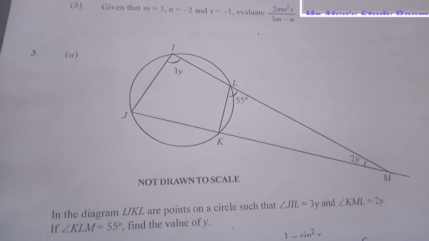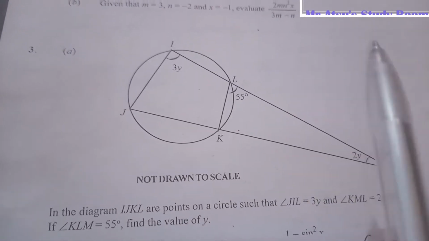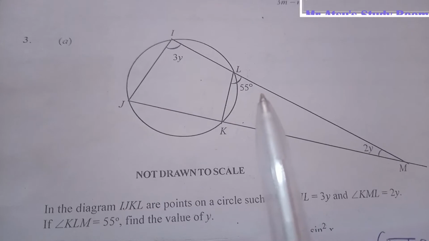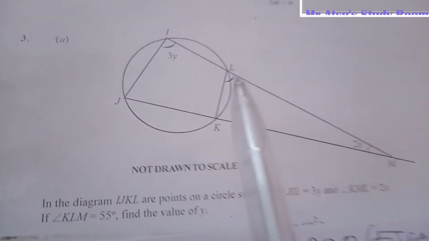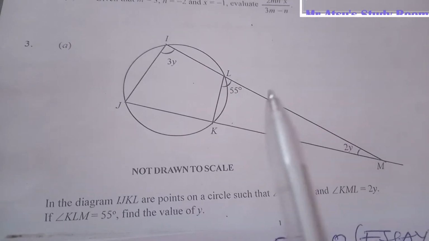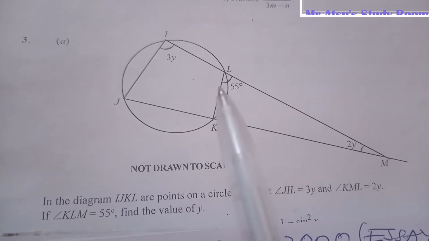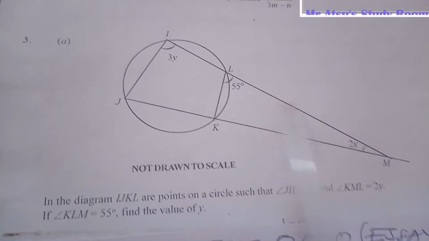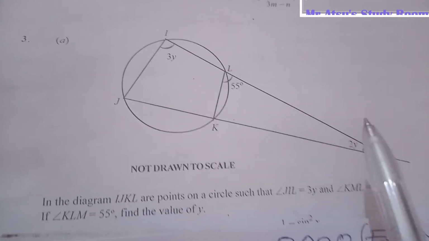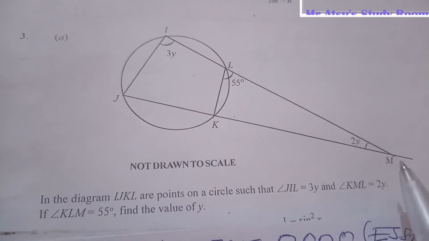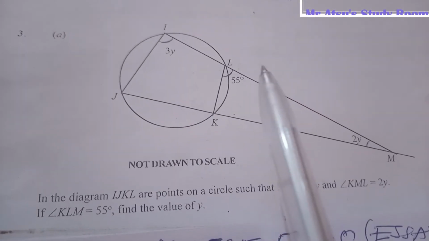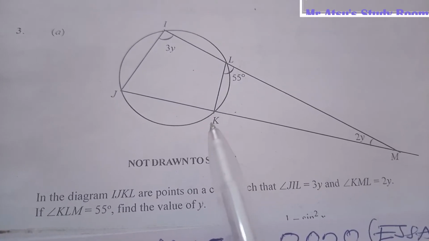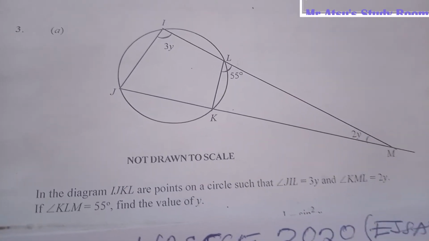Let me quickly state that these are not tangents, because the tangent is not supposed to cut through the circle. It's just supposed to touch the circle. So these are not tangents. This is just the sides at vertices J and vertices L and K extended to meet at M.